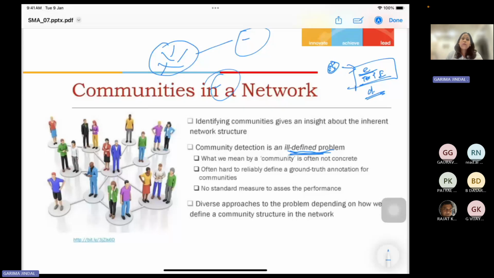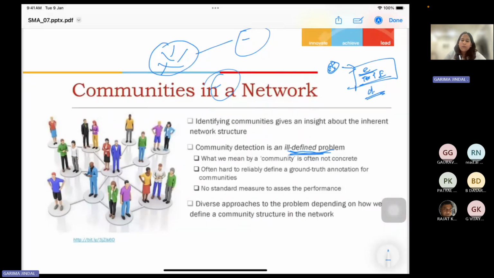The only thing that we know is we want to form some kind of groups, and how these groups are formed we are unaware of at this point of time. Now if identification of community is an ill-defined problem, then this has both advantages and disadvantages for us. Why is it an advantage? It is an advantage because it opens a lot of doors for research.